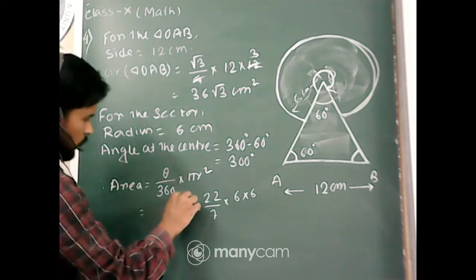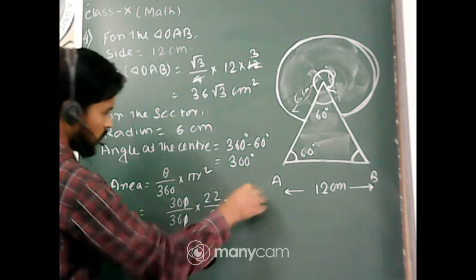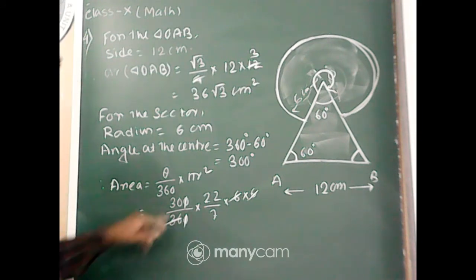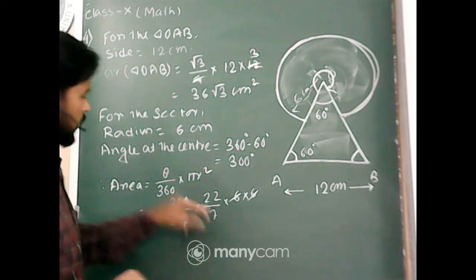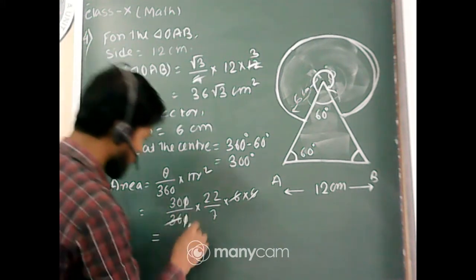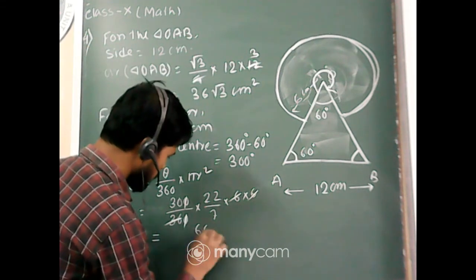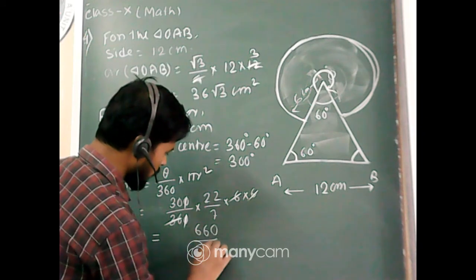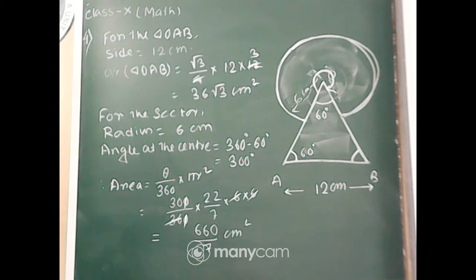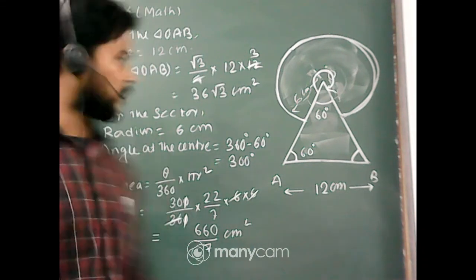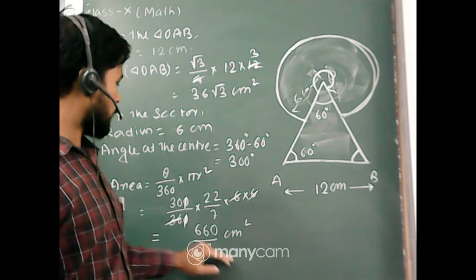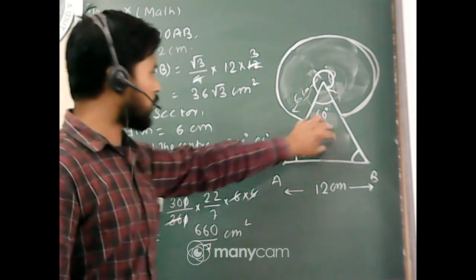So 6 sixes are 36. So it is 30 into 22 by 7. Now multiply 30 into 22. So that is equal to 660 by 7 centimeter square. So area of this portion is 660 by 7 centimeter square.